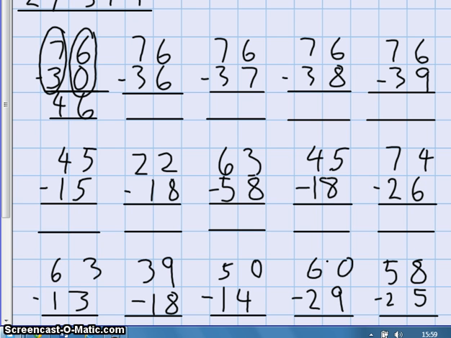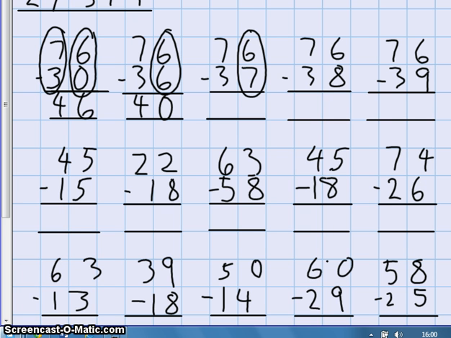The next question is the same thing again. 6 take away 6 is 0, 7 take away 3 is 4. The next one doesn't work. I can't look at this one and say 6 take away 7, because there isn't an answer unless you go beyond to negative numbers, which we're not dealing with yet.